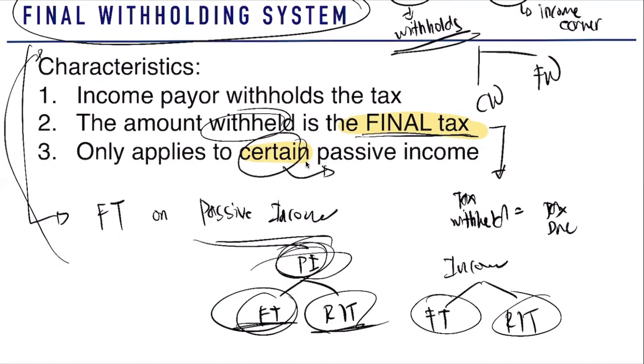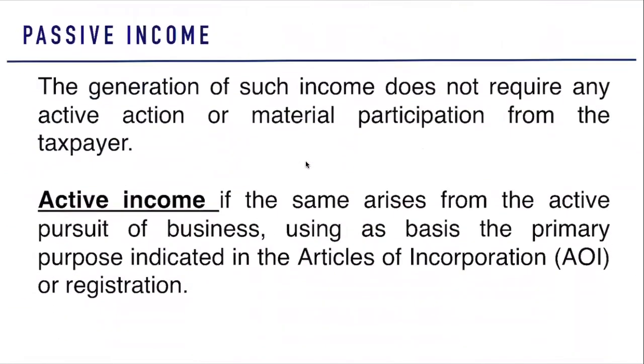Okay? So passive income. What is a passive income? We said before, a passive income is an income that does not require any action or participation from the taxpayer. You are earning an income without doing anything. So, less participation or less action, but you earn an income.